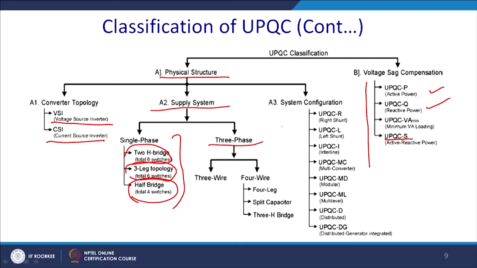Same way for 3 phase, we may have a 3 wire or 4 wire. For 3 wire again we may have a normal 6 leg topology or the reduced topology, and in 4 wire we have a few more options for how the 4th leg can be connected.